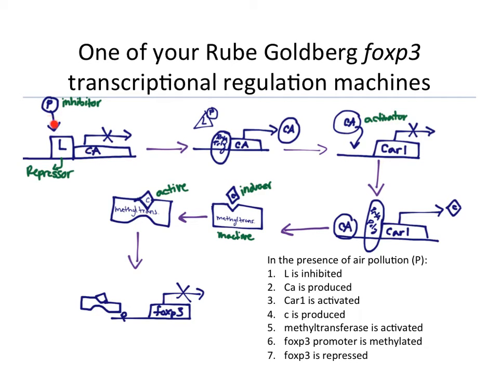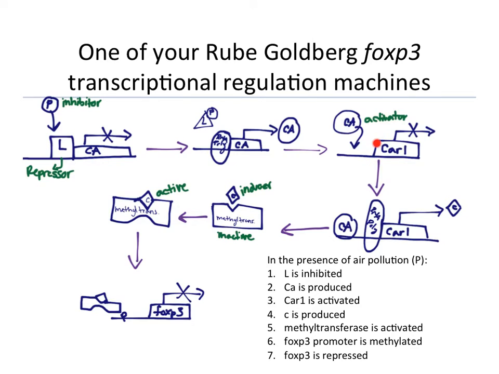So when you're in the presence of air pollution, L leaves the promoter. So the CA gene is no longer repressed, it's transcribed. It produces the CA protein, which activates now the transcription of CAR1, okay, which is normally not transcribed except for when CA is present and turns on transcription.